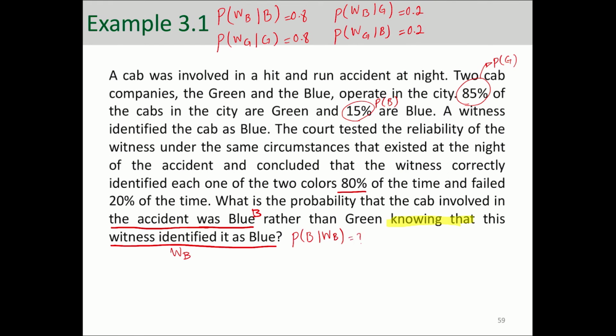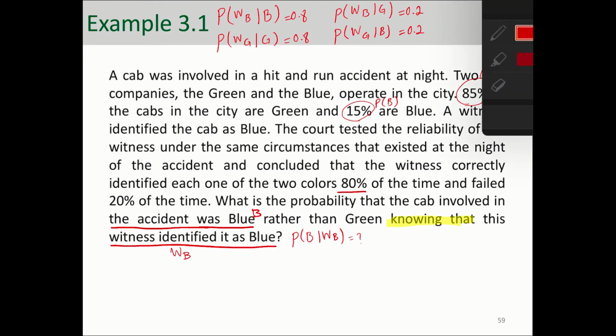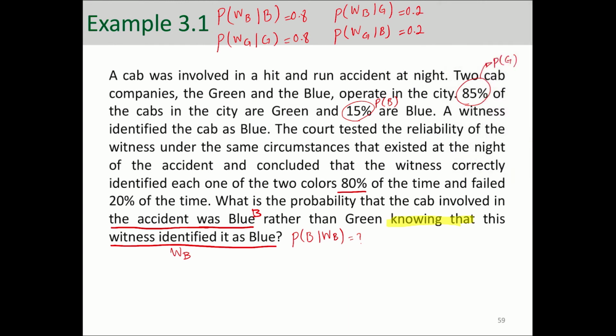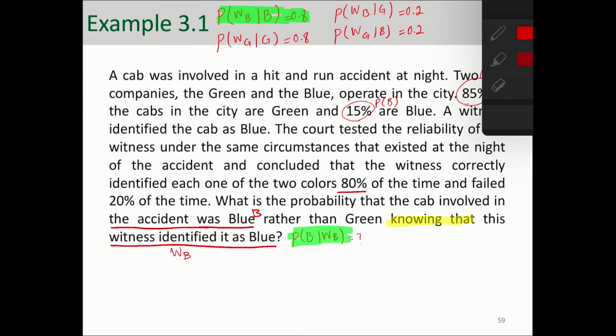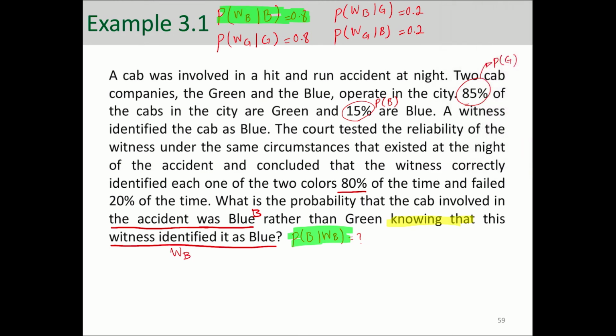Now here is a great example of using Bayes' theorem, because now you already have the probability of WB given B, and you're looking for probability of B given WB, the opposite of that. So that's when it's best to use Bayes' theorem.